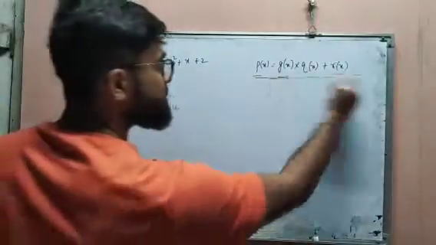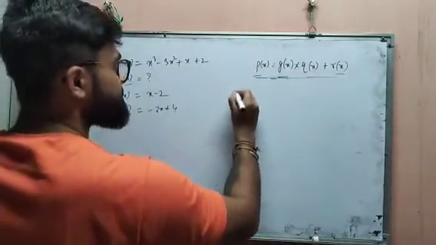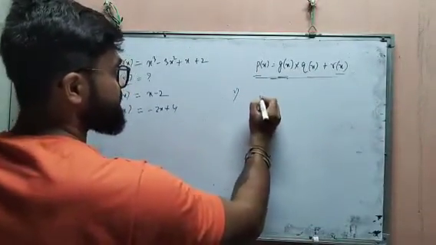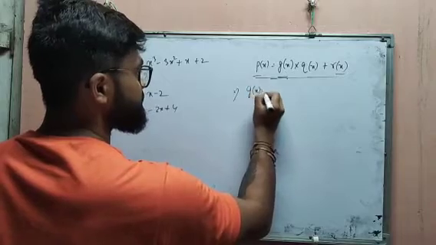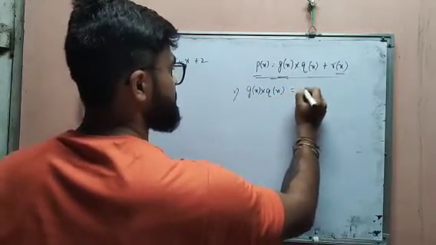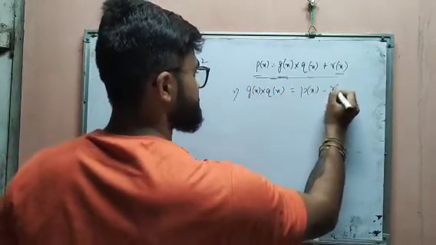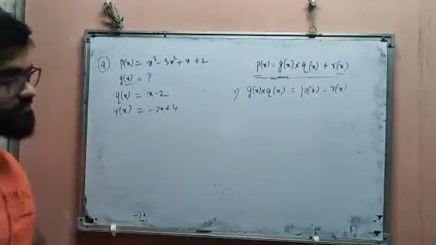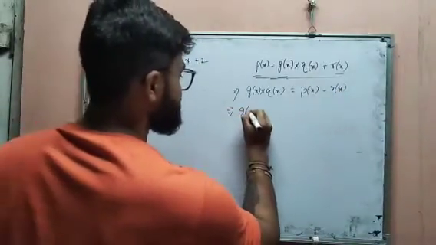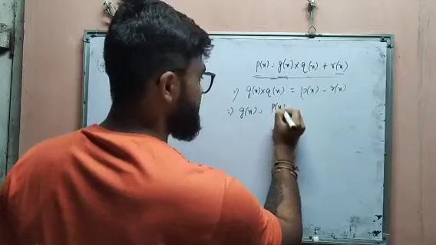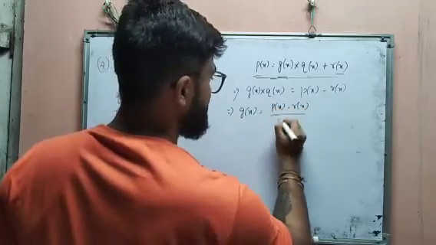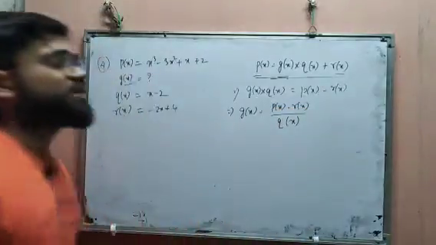So we know this formula simply. That means we need to find the gx only. So gx into qx is equal to px minus rx, and gx is equal to px minus rx divided by qx.